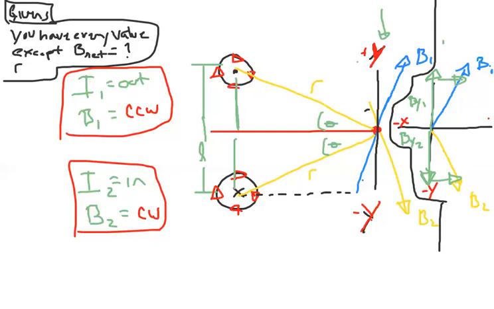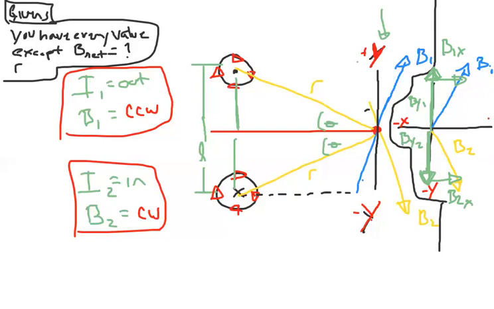And then we can see that B1x and B2x are in the same direction. So that means that those are going to add. We shouldn't have to get into it here. You should clearly see that in terms of the y, since the vectors By2 and By1 are in opposite direction, they're just going to cancel.